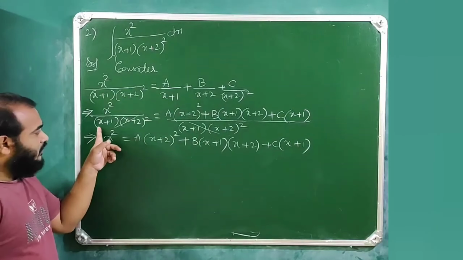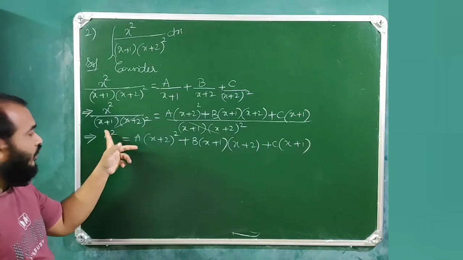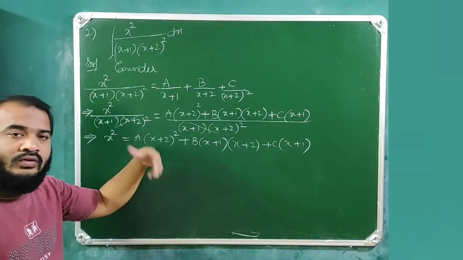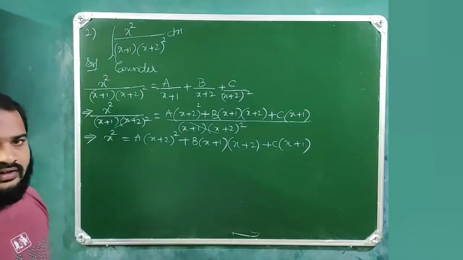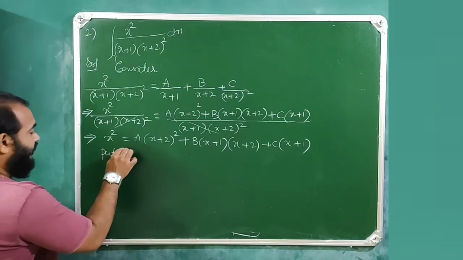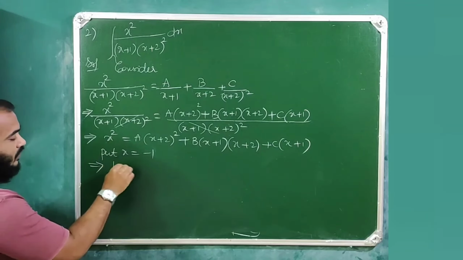Now x plus 1 and x plus 2 are the two factors, so equate them to 0. So x equals minus 1 and x equals minus 2 are what we are going to substitute in this equation. Put x equals minus 1. Minus 1 whole square is plus 1.